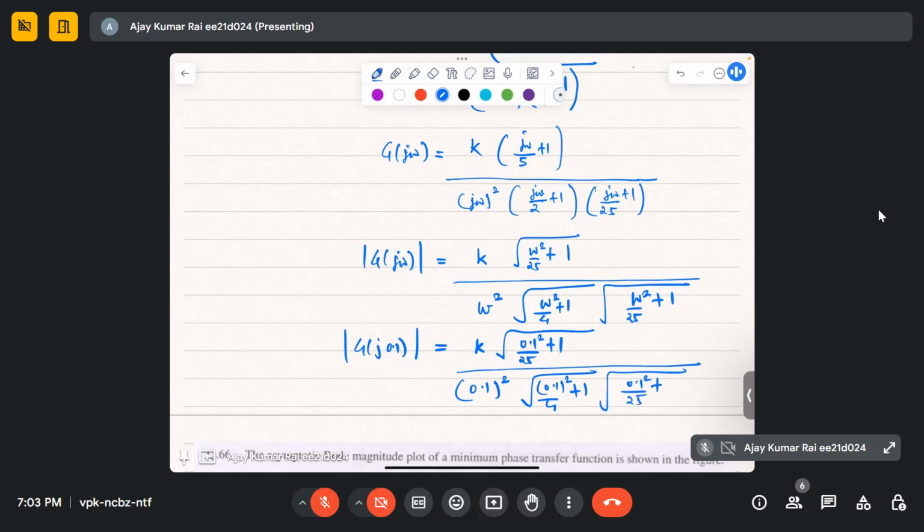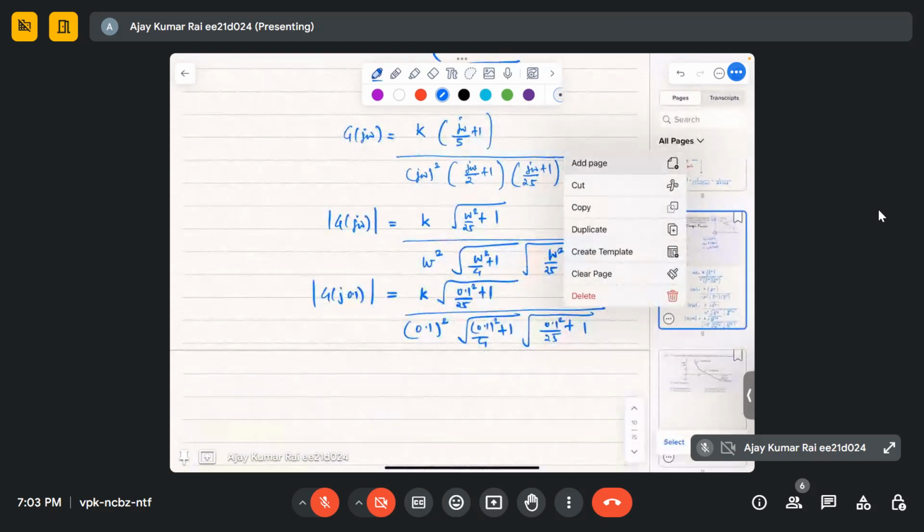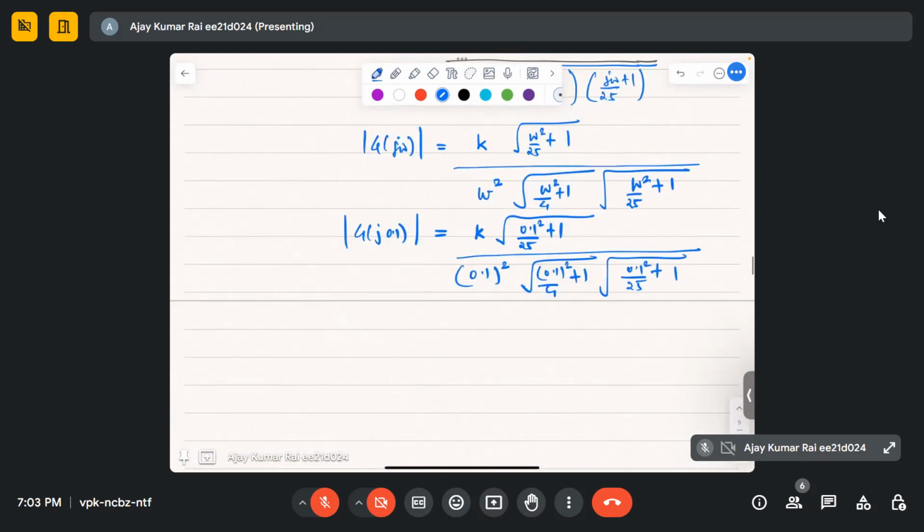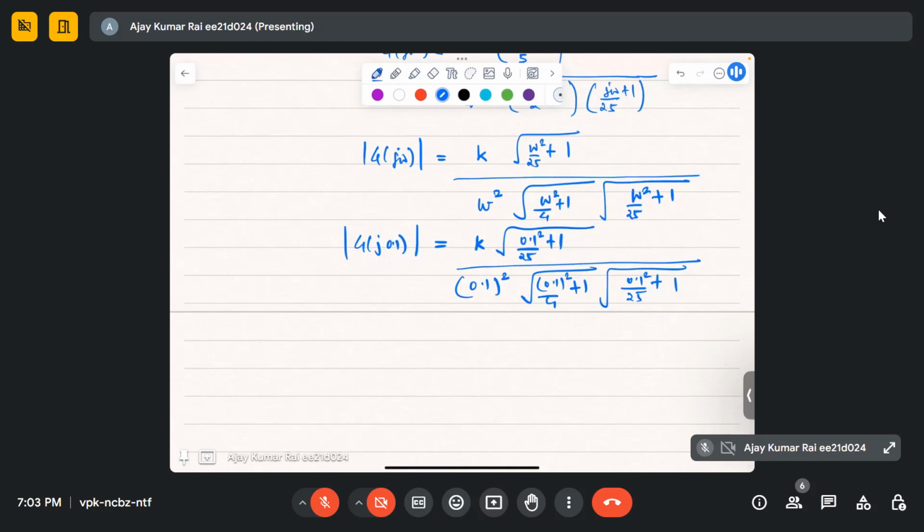But we can do some approximation, right? You can see that omega is very small, so we are actually doing a low frequency approximation.